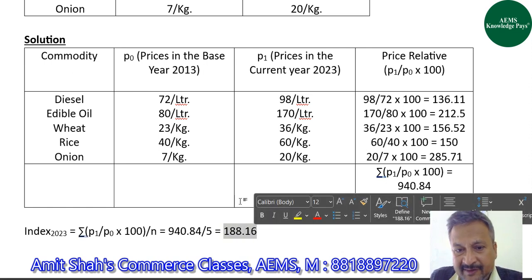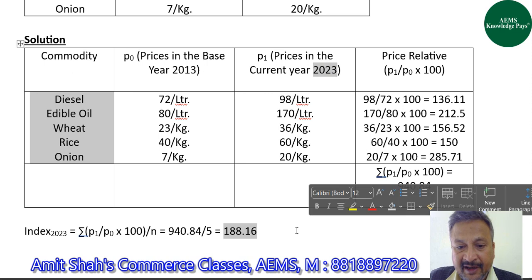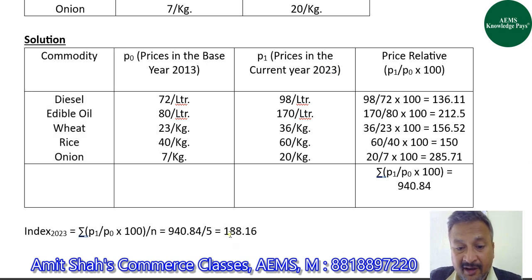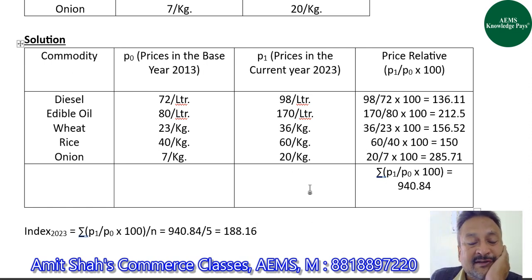This implies that prices of each of these commodities on an average in the year 2023 have increased by 88.16% as compared to the prices of 2013. I hope you all have understood this, guys.